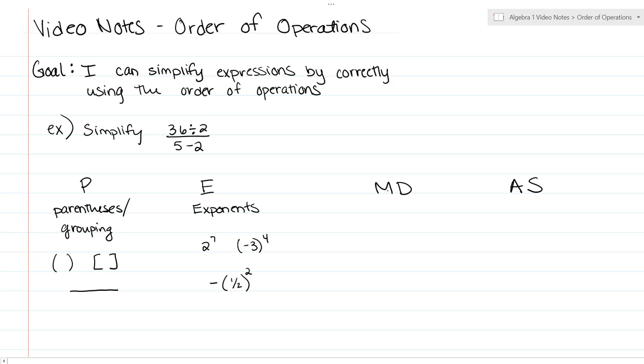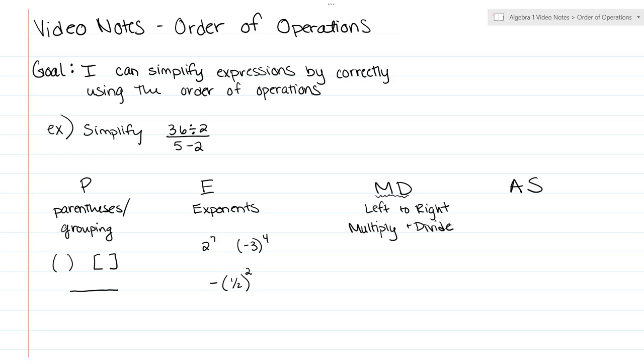M and D, I put those together because we're going to do them at the same time, left to right. So multiplication and division have kind of the same powers when we're talking about numbers.